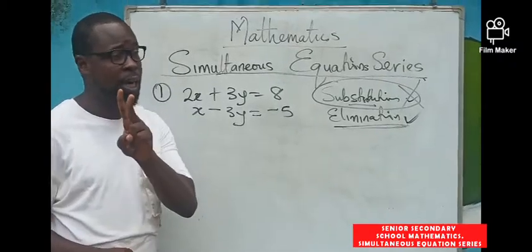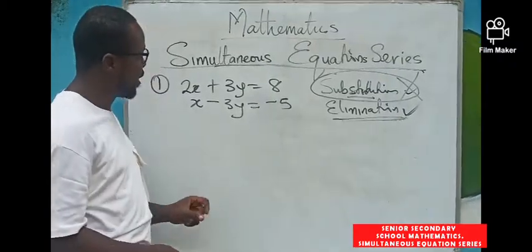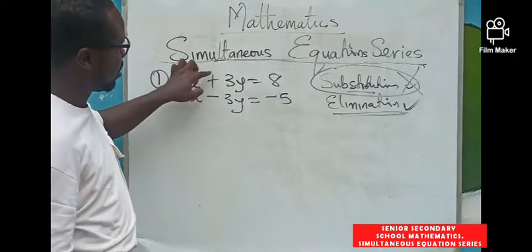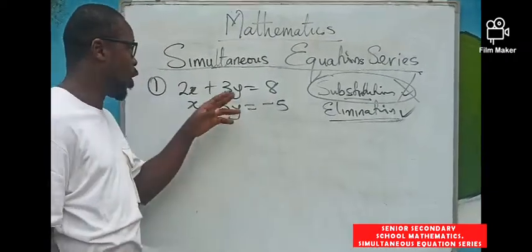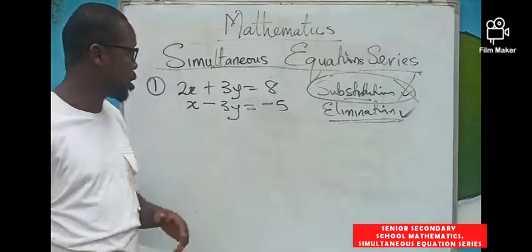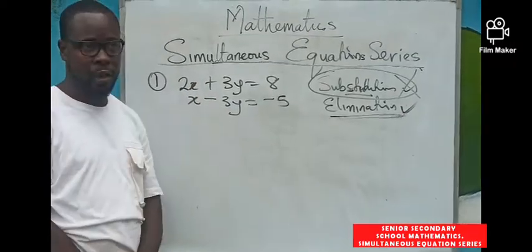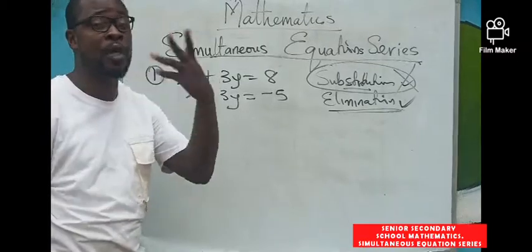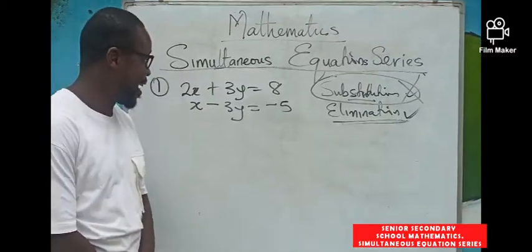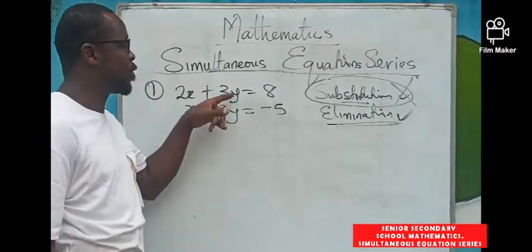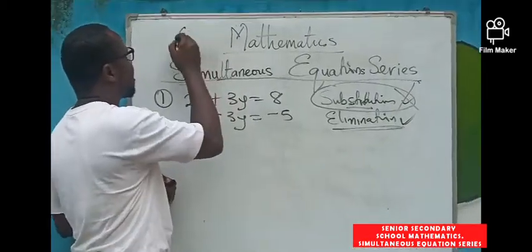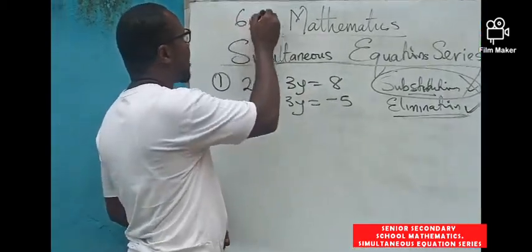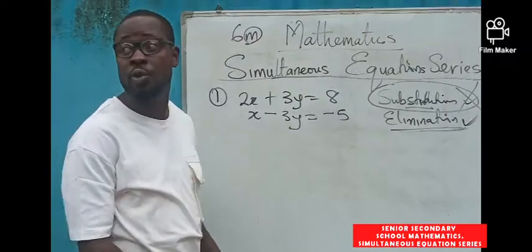The two conditions are that the signs of the unknown you want to eliminate will be opposite in nature, meaning if one is plus, one must be minus. Then again, the coefficients of the unknown, the coefficient is the number. For example, if I say 6m, the coefficient of m is 6.